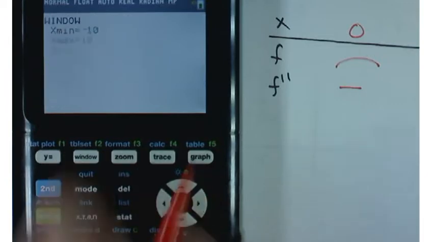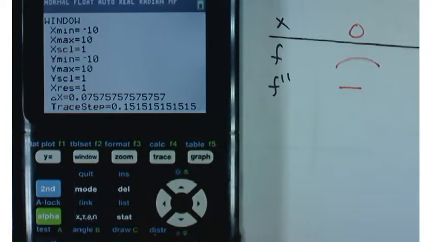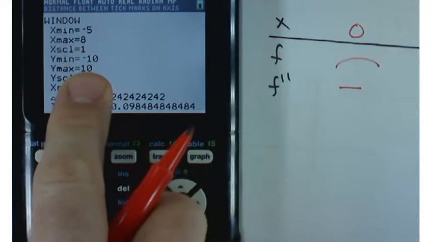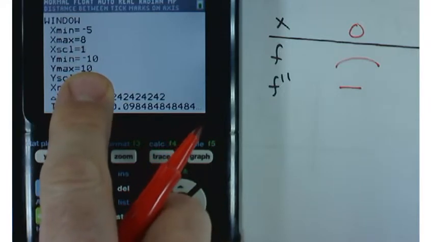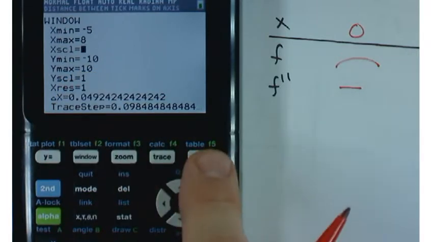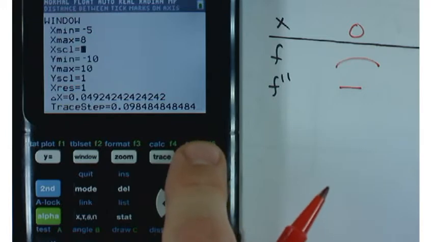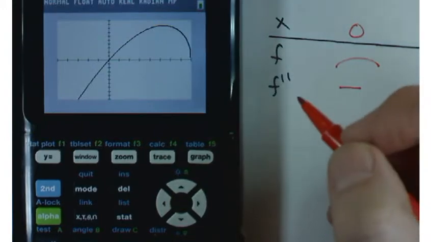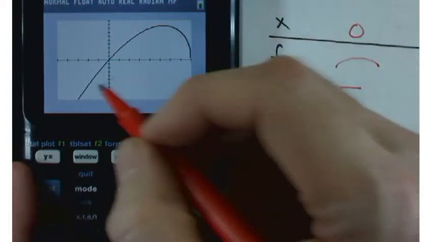Now as far as my window is concerned, I want to see that graph, say maybe from -5 to 8. And I'll keep the settings on the y-axis the same, -10 to 10. Let's hope that this covers what we need. Ooh, perfect. Wow, nailed it. All right, so there we go.